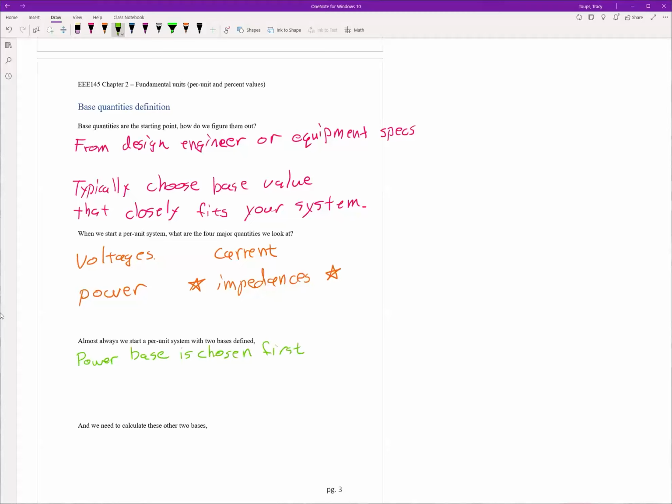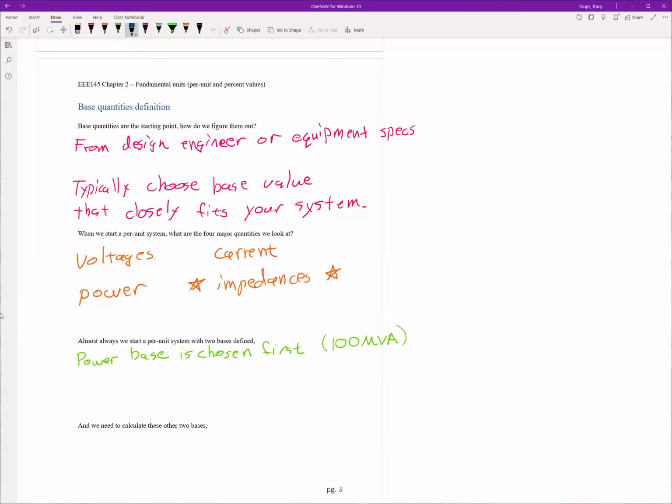Okay. Now, most of the world chooses 100 MVA as your starting point. That's just 100 is a round number we all like. Most power systems are in the hundreds of MVA. And so almost every power grid, our power base is 100 MVA. So just pretty much get used to that number.